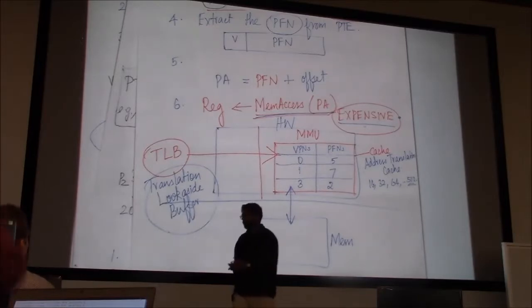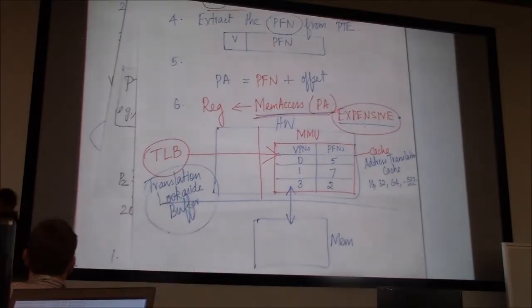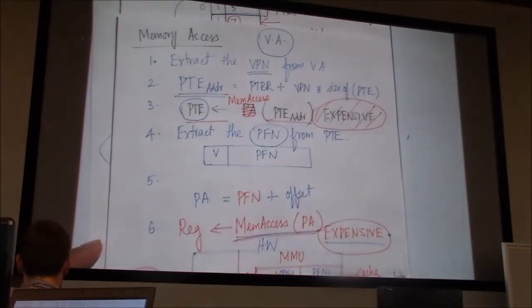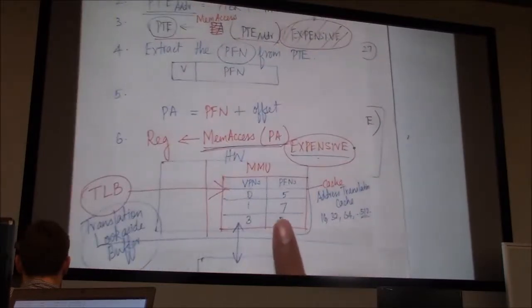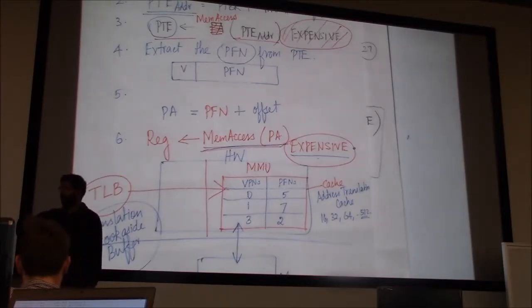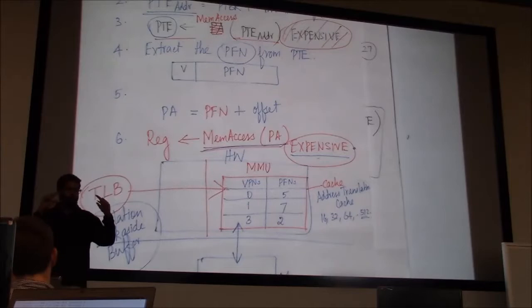Now let's see how the steps of this memory access are going to change with a TLB. The TLB is a special type of cache inside the memory management unit of our hardware, which can only cache address translations. So inside a TLB, you can't store any data, code, stack, or heap.